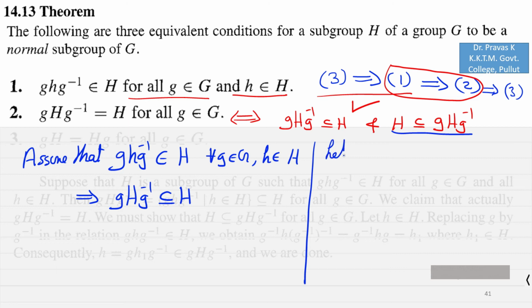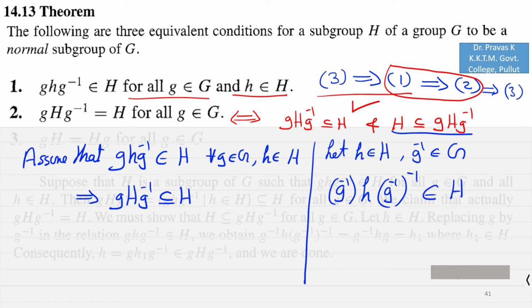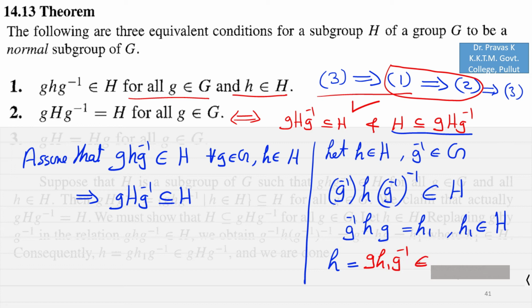For that we start with an element small h in capital H, and we choose an element g inverse in capital G. So as per condition 1, we have g inverse h g inverse inverse, that is g inverse h g, should be an element of capital H, means it is some h1 where h1 is in capital H. Now in order to obtain h on the left hand side of this equation, let us pre-multiply both sides of the equation with g and post-multiply both sides with g inverse, so that you can have h is equal to g h1 g inverse, which is a member of gHg inverse.